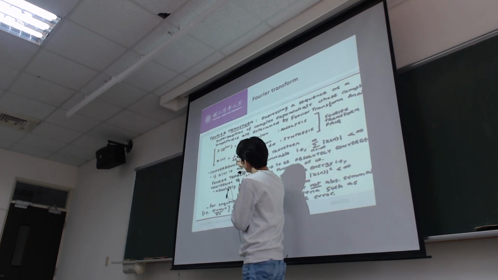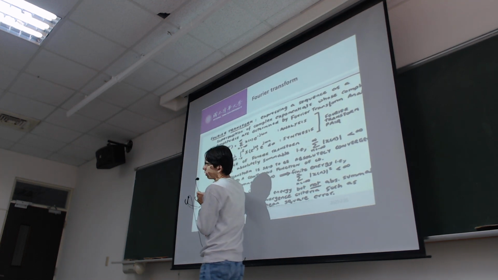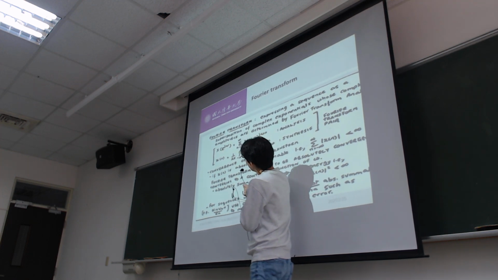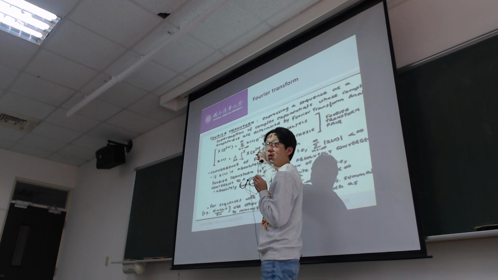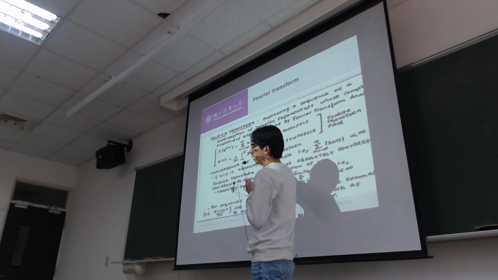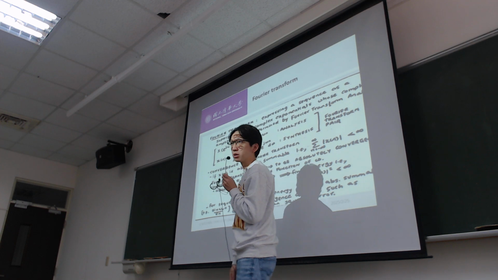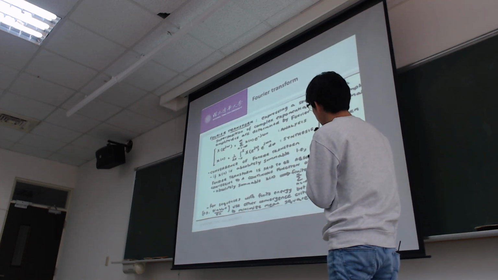So you integrate over this thing, divide by the normalizing constant 1 over 2 pi, and you get back your original x of n. So Fourier transform takes a discrete sequence into a continuous frequency domain, and the inverse takes a continuous frequency domain back to the discrete sequence. This kind of thing we call discrete time Fourier transform, right? You learned that probably back in your signals and systems class.